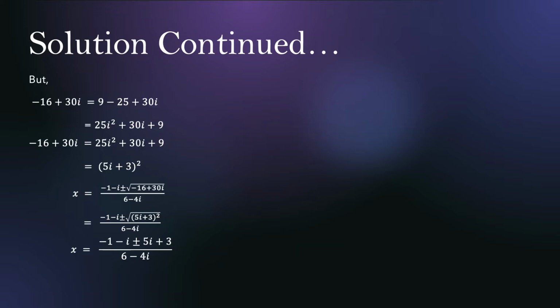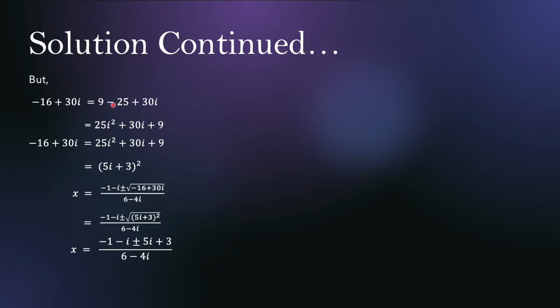And if I further simplify, I have that this negative 16 is the same thing as 9 minus 25, plus 30i, which is negative 25 plus 9 plus 30i.